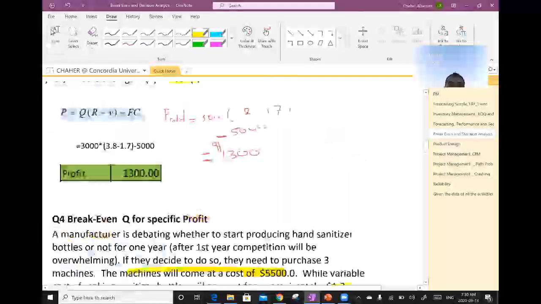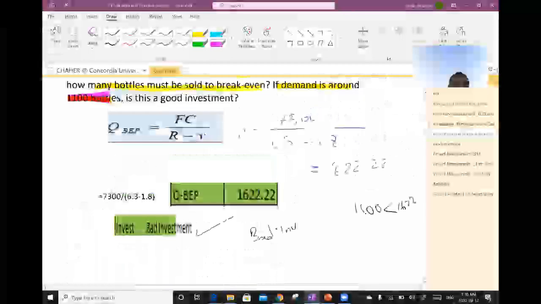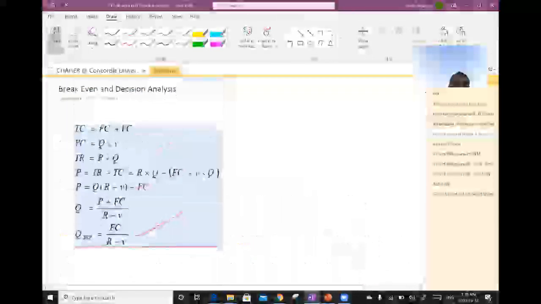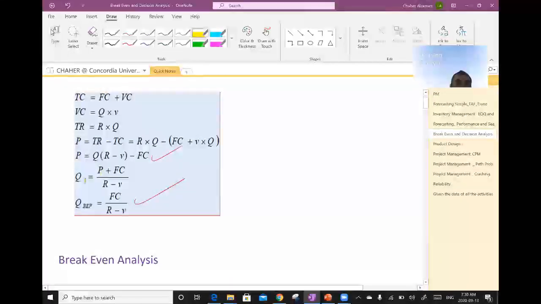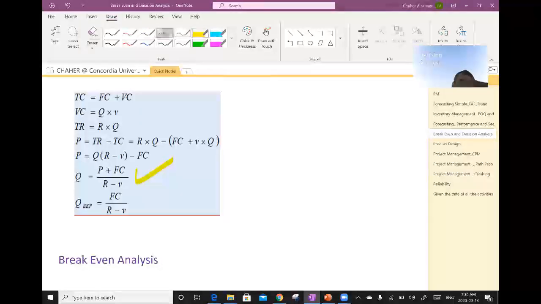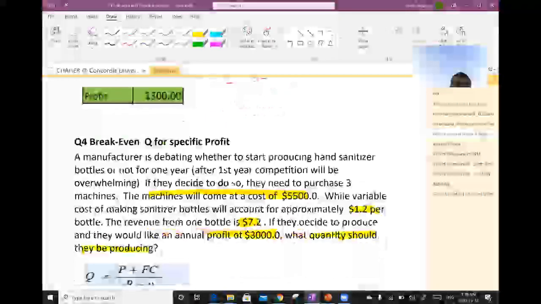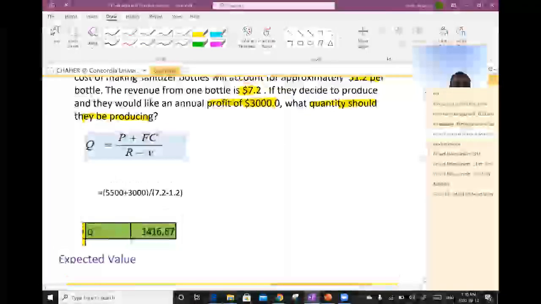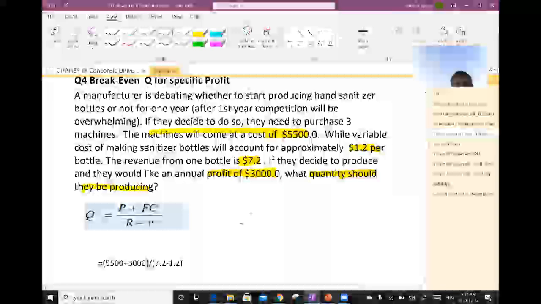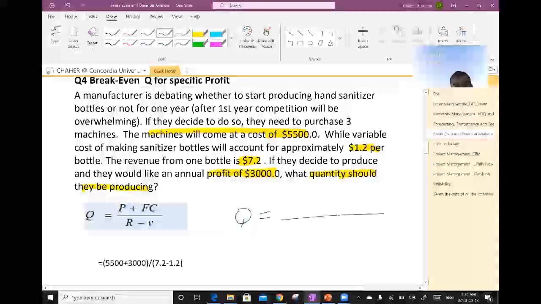So in this case, we have a profit, and we want, based on that profit, to get the quantity. And this is the equation we should be looking at. So let's go back to the question, and so this is Q. So Q is equal to the profit they told us.